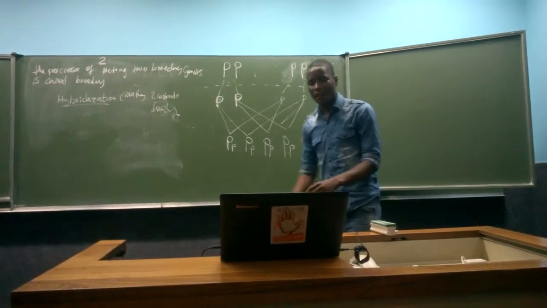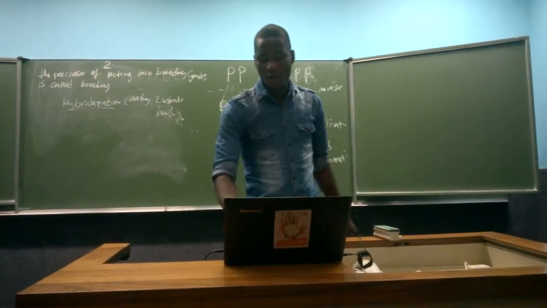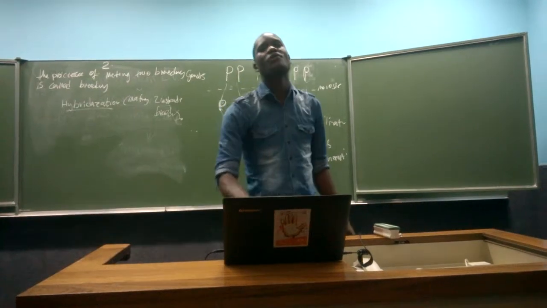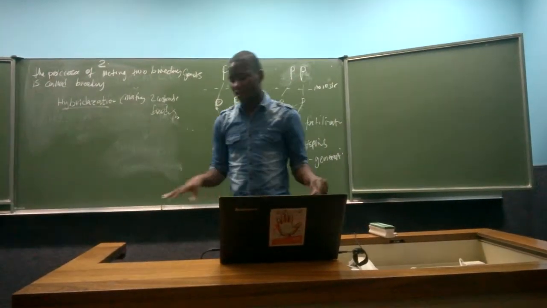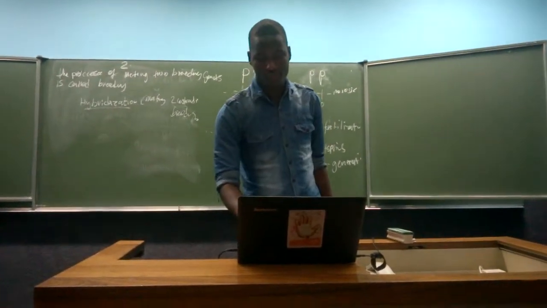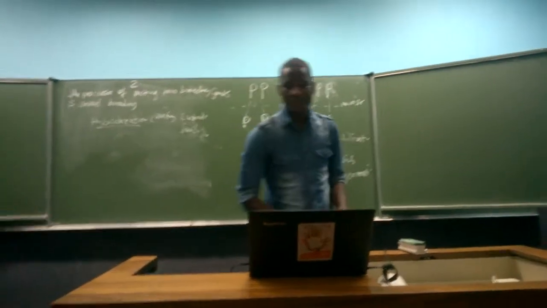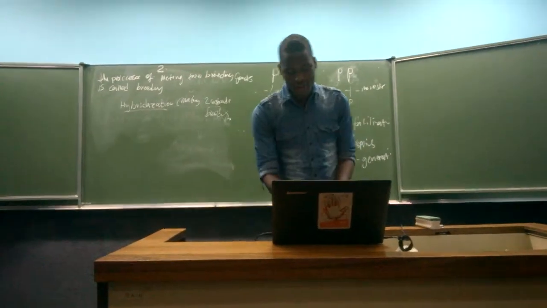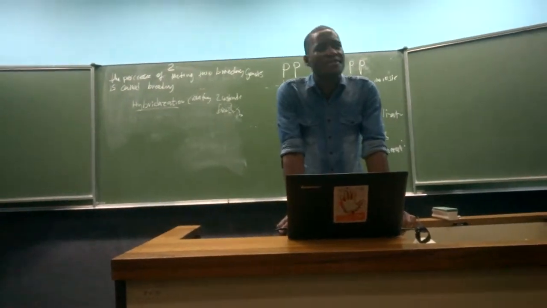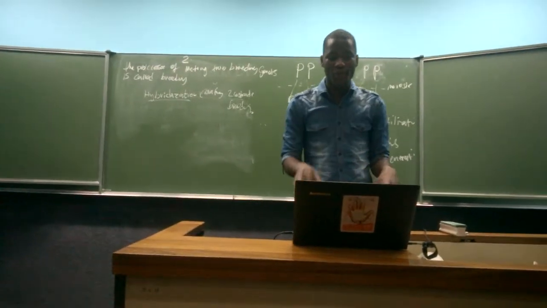I hope you understand how to do this crossing, because it's very important when you do the crossing in your test and when you write your exams. Remember, we're not doing this just for here. In genetics, there are terms that are very important, and there are many scientific terms that you will come across.